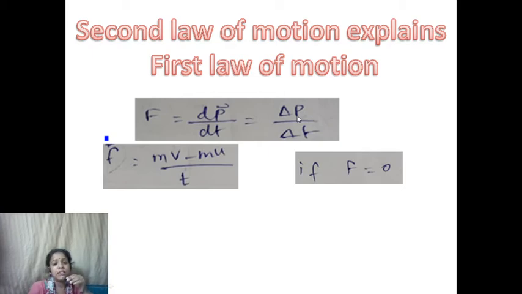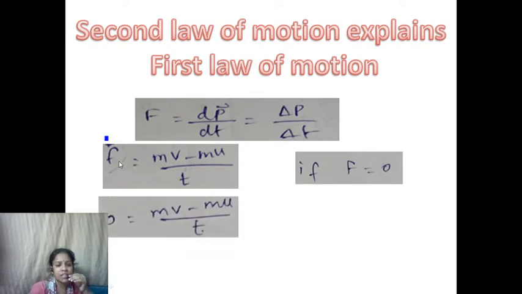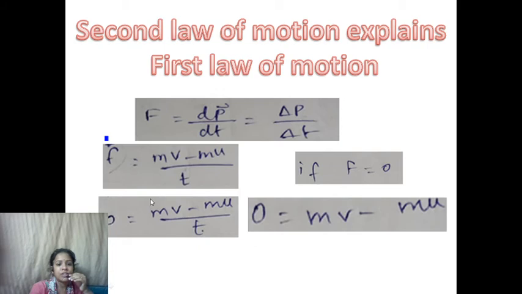Till here this is the second law. Now if external force is 0, F is 0, so I can substitute 0: 0 is equal to (mv minus mu) by t. When t is multiplied here, we get 0 is equal to mv minus mu, then you take this on that side, that will become positive. Now m and m get cancelled, and what we get is v is equal to u.